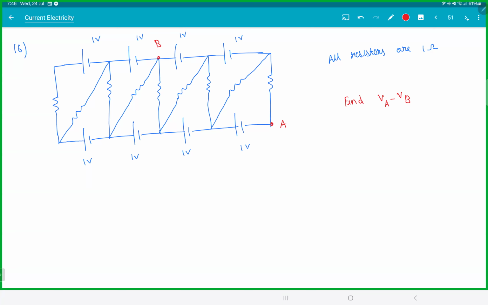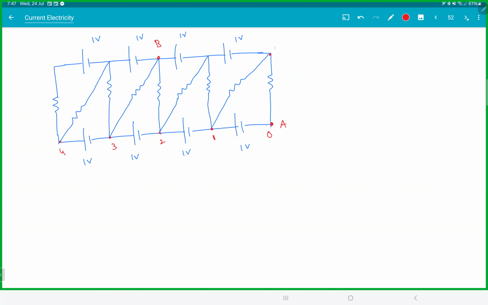Let's see, 4 by 9. Same thing. Let's start with A as 0. If this is 0, this is 1, this is 2, this is 3, this is 4. This is also 0.